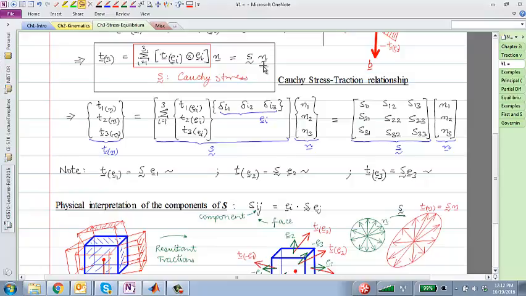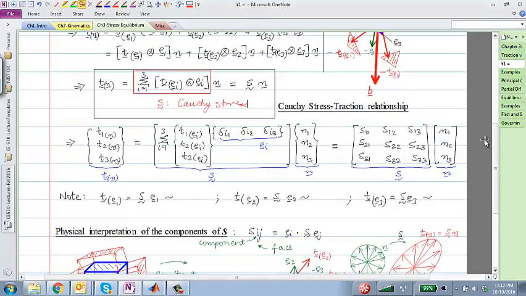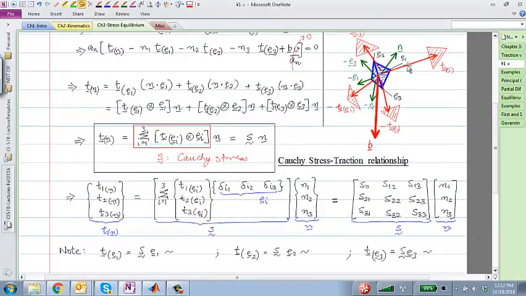And here's some more interpretation of that relationship. Let's say I want the three components of this traction vector acting on that inclined face n. Those three components would be T1, T2, T3 on the face with the normal n. That's what I'm writing out here. This is equal to T on face E_i dyad with E_i.